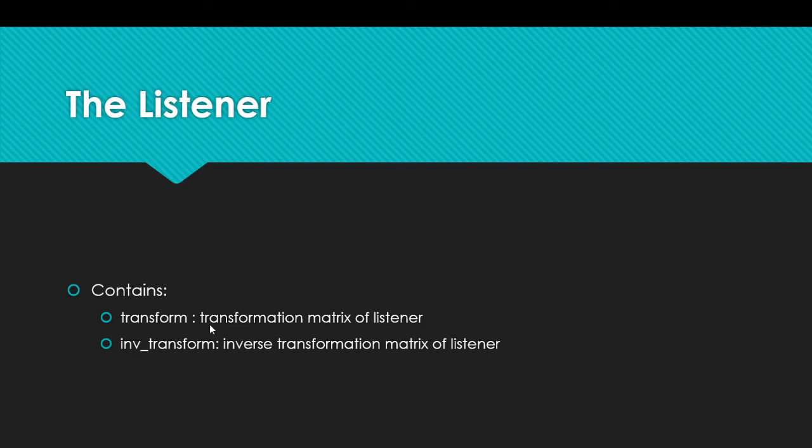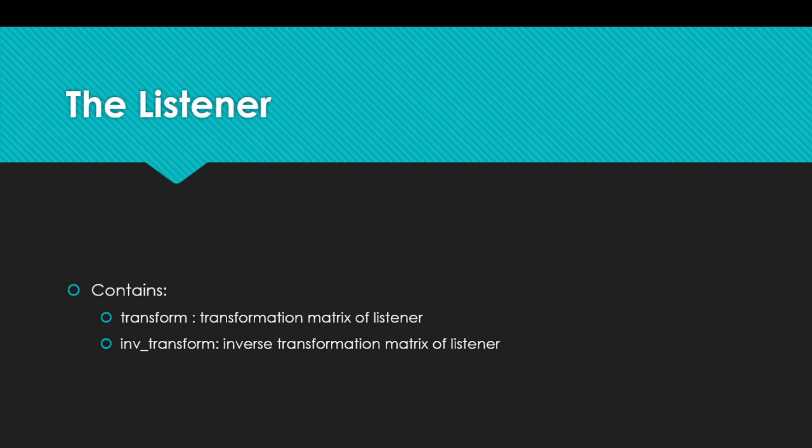You also have a listener, which for our case just now really just needs to know its position, its transform. And because we're going to use it quite frequently, we might also calculate the inverse transform at the same time that you set the transform. There are other ways you could do this.